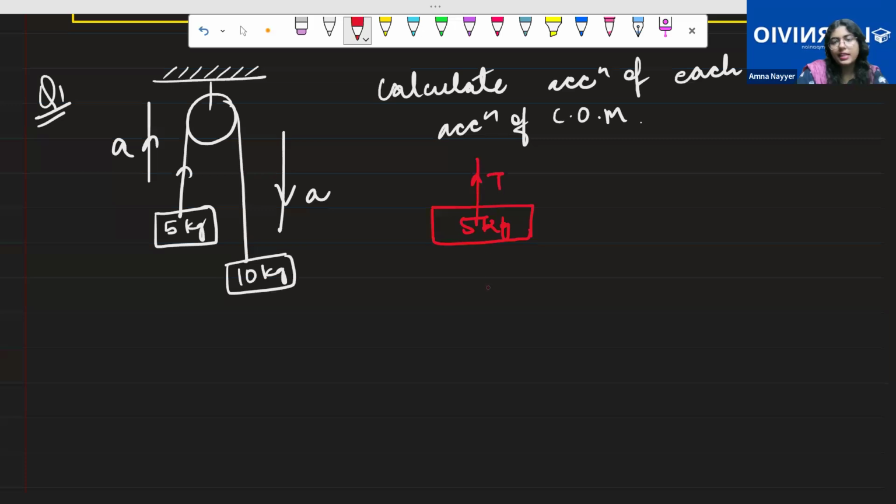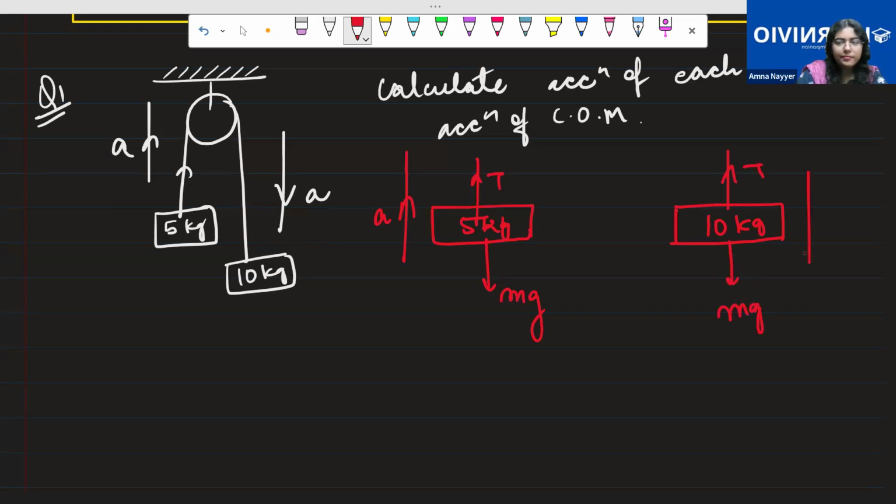Here above, this has the tension, and below mg is present, and the entire system is accelerating with some acceleration A. And for the second body, if I draw the free body diagram, this is 10 kg and this is tension, moving downwards with acceleration A.